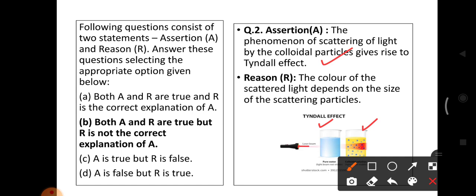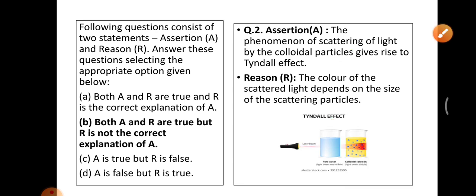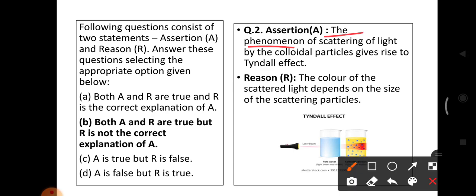When the laser beam enters the colloidal solution, the particles present in the colloidal solution scatter it. Due to that scattering, we can see the path of the light. This effect is called the Tyndall effect. So the assertion is correct.